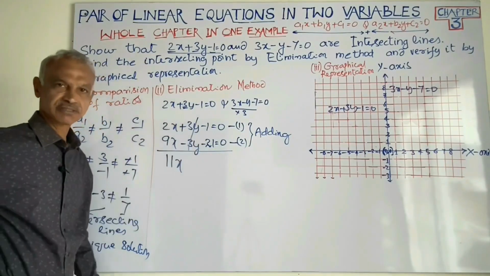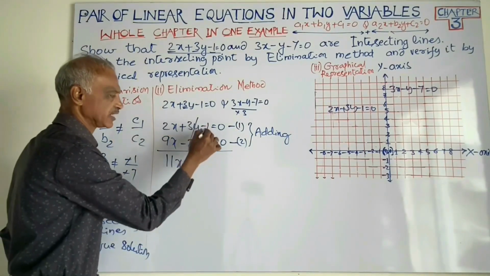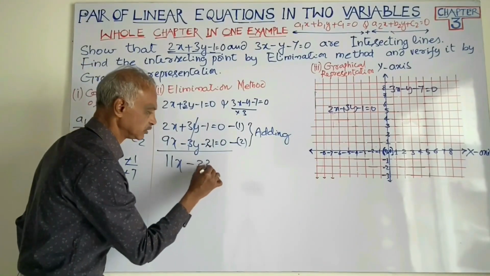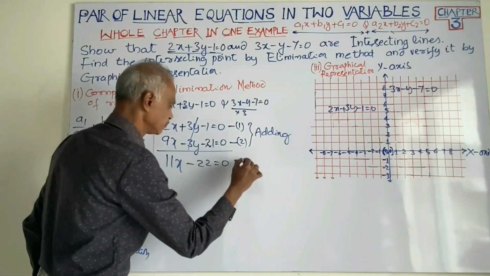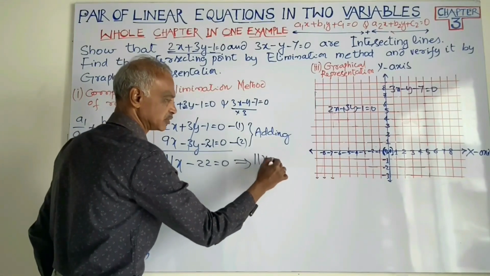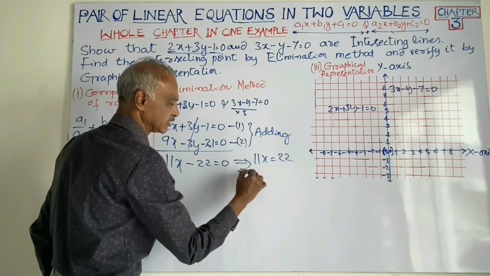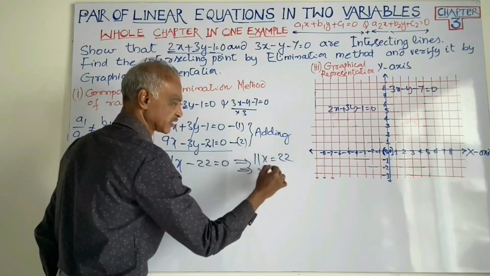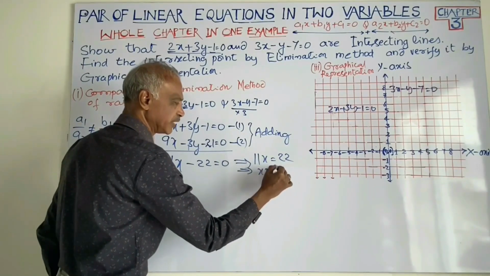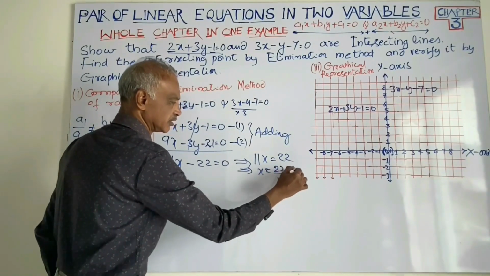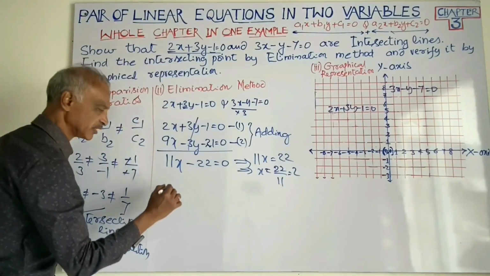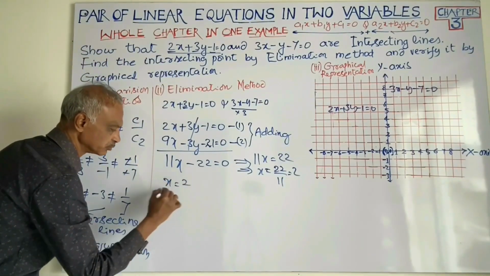Plus 3y minus 3y cancel. Minus 1 minus 21, minus 22 is equal to 0. You will get 11x is equal to 22, and you will get the value of x is equal to 22 by 11. It is 2. The value of x is equal to 2.